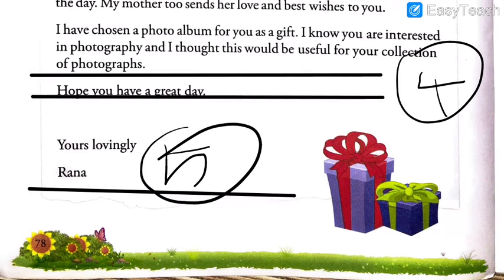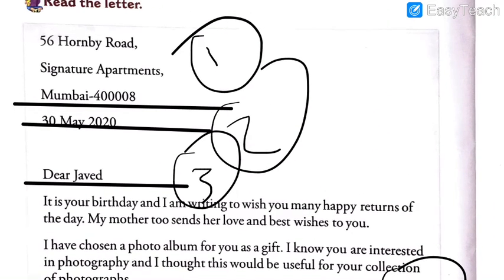I even explained to you that everything will come on the left hand side. Now say for an example, if this address is written on the page on the left hand side, and then if you write on the right hand side, no, then I'll put a big cross.